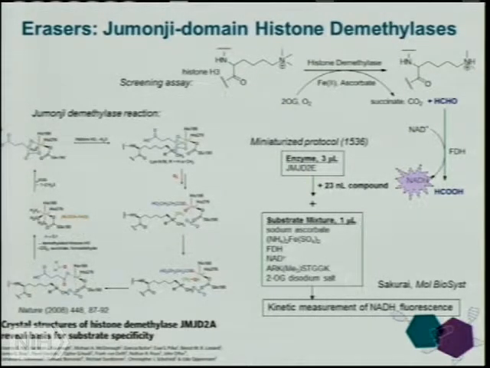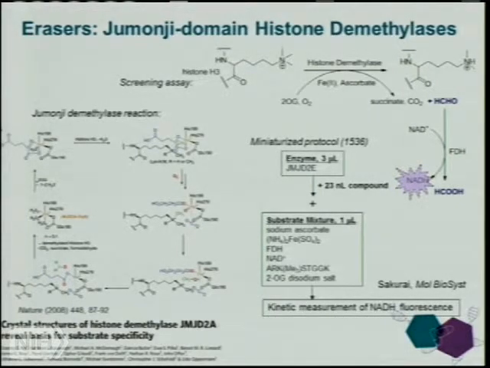How do you set up a screen to find inhibitors of these enzymes? So we used a coupling system utilizing the fact that one of the products from this reaction, the methyl group from the substrate that is being removed, is converted to formaldehyde. So we coupled the reaction with a formaldehyde dehydrogenase reaction that utilizes NAD as a cofactor or co-substrate, forming as one of the products NADH, which is fluorescent in the UV range.